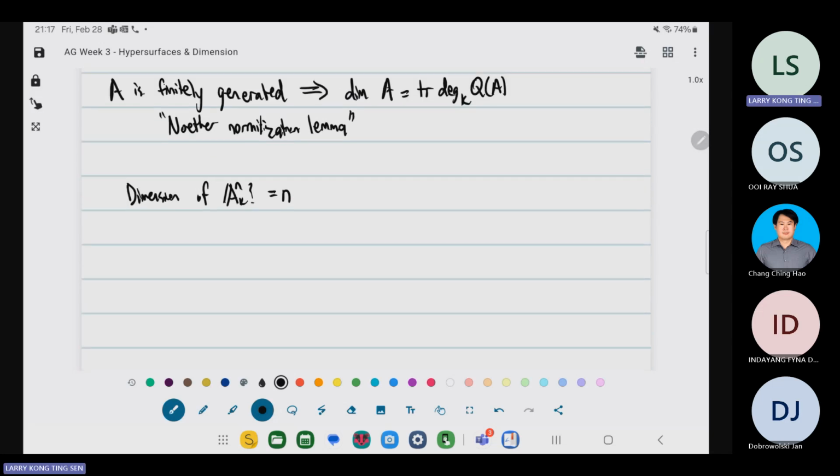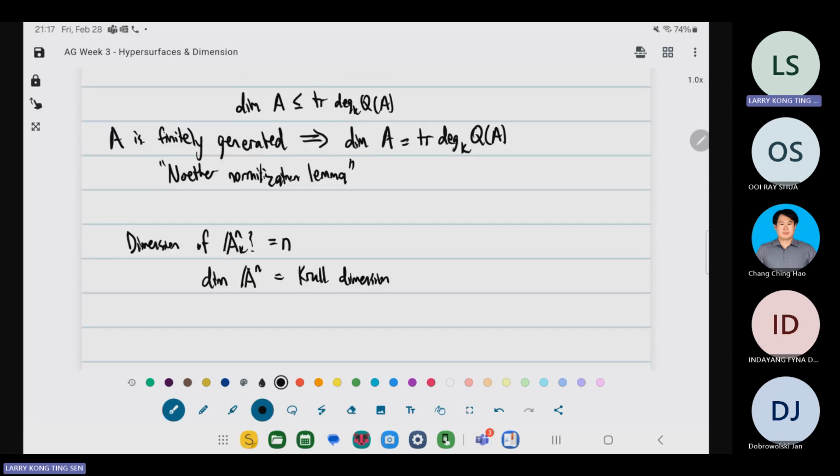That is basically because the dimension of A^n is equal to the Krull dimension.